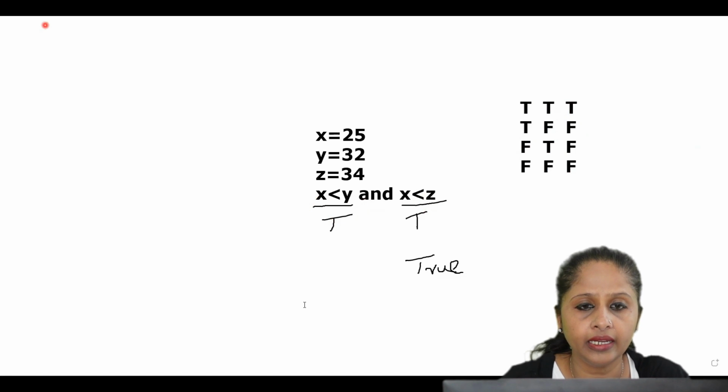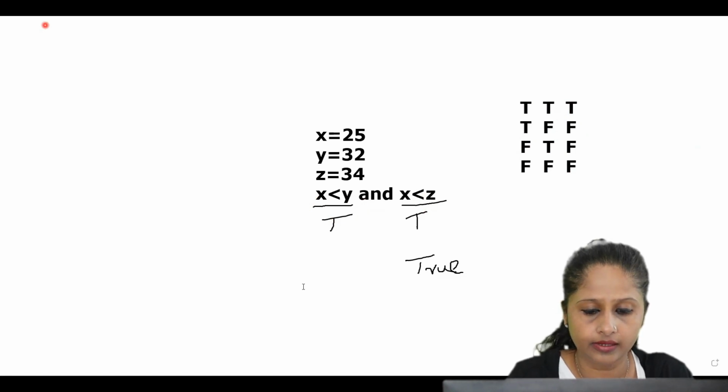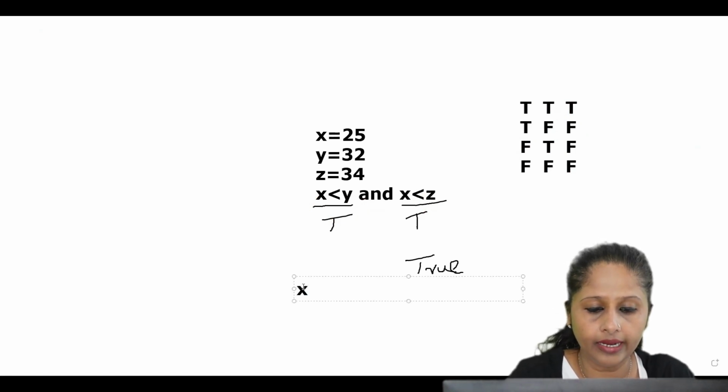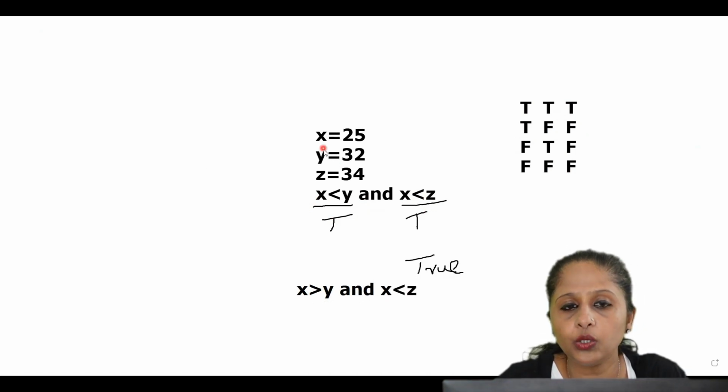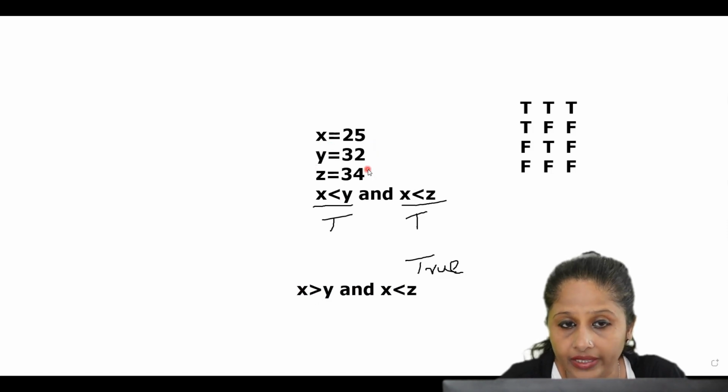If we are writing x greater than y and x less than z, in this case x is 25 and y is 32. So we are checking whether 25 greater than 32.